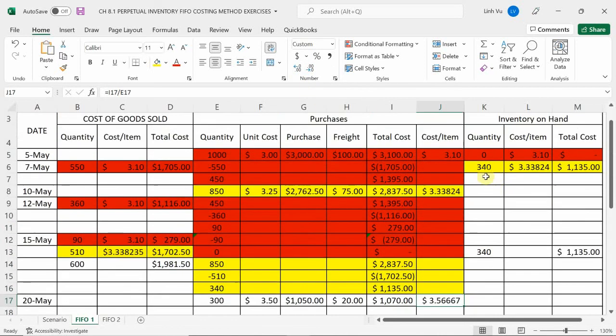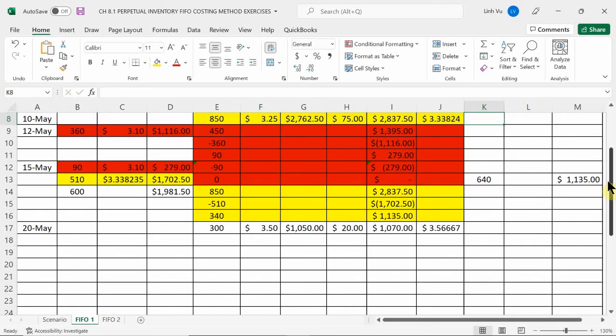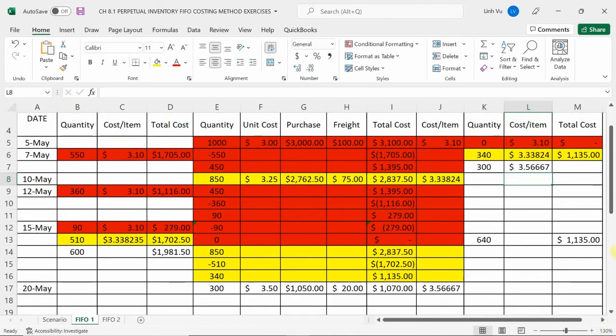And I'm going to go ahead and carry that number into my inventory on hand worksheet, right, that I just purchased 300 units at a total cost per item of 3.566666, which should give you your total cost of $1,070.